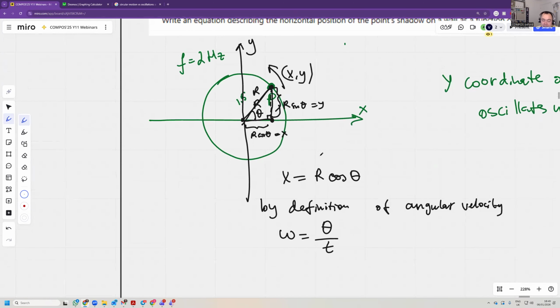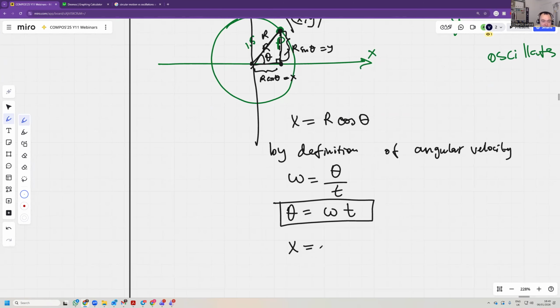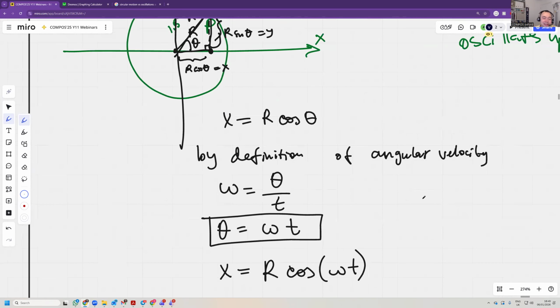So in other words, angle divided by time. So theta is omega multiplied by t. And we can substitute that in. So x becomes r multiplied by cos omega t. Ooh, doesn't that look familiar? Doesn't that look like the equation of simple harmonic motion?